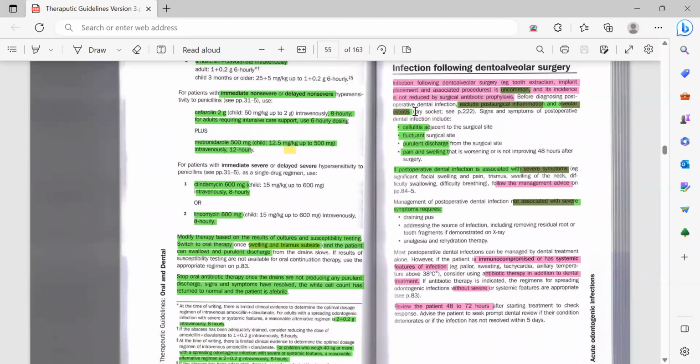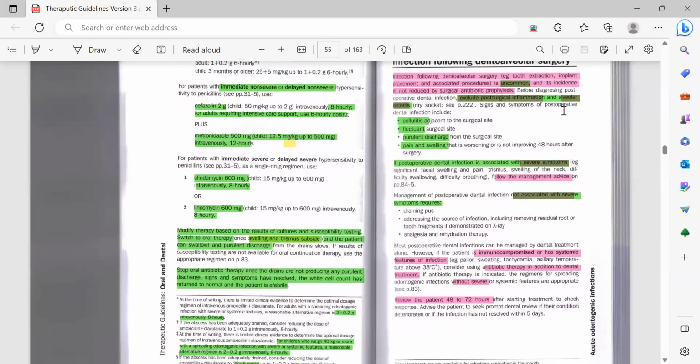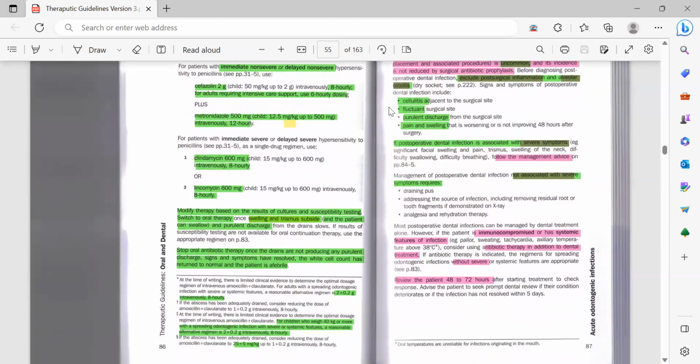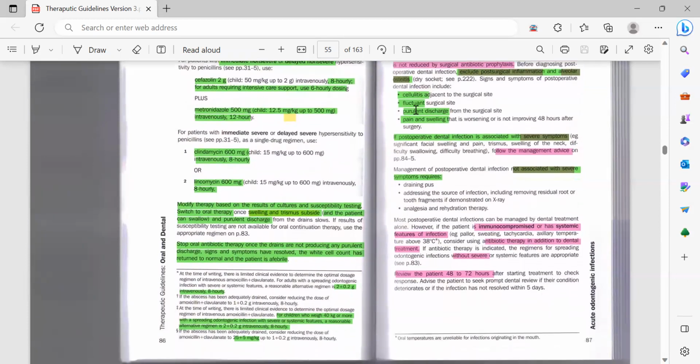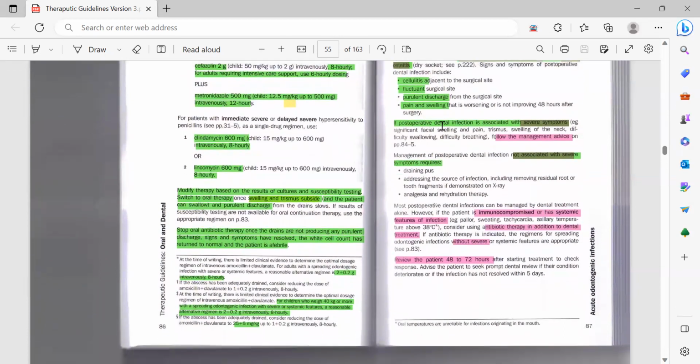Before diagnosing post-operative dental infection, exclude post-surgical inflammation and alveolar osteitis. Signs and symptoms of post-operative dental infection include cellulitis adjacent to the surgical site, the area would be fluctuant, there would be purulent discharge, and pain and swelling that is worsening or not improving 48 hours after surgery.